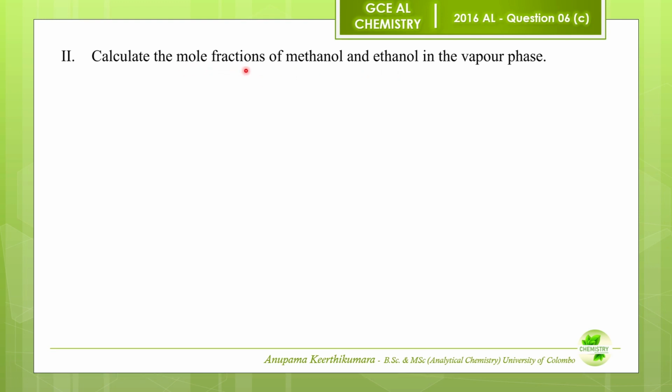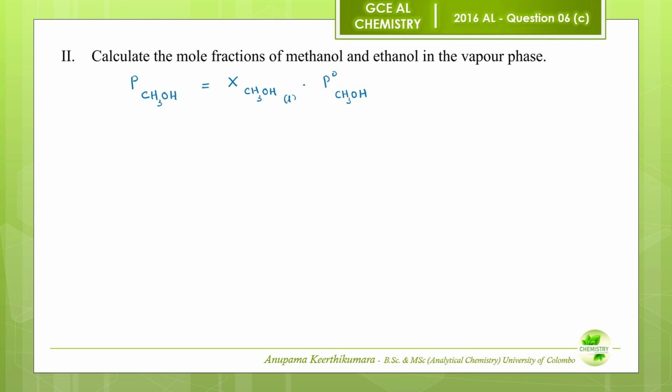According to Raoult's law, the partial pressure of methanol, CH3OH, equals the mole fraction of methanol in the liquid phase, X CH3OH, times the saturated vapor pressure of methanol, P0 CH3OH.